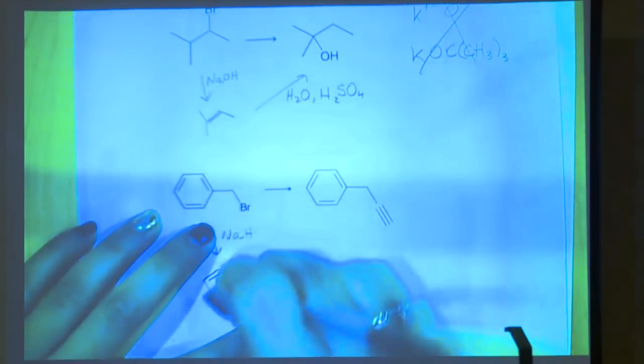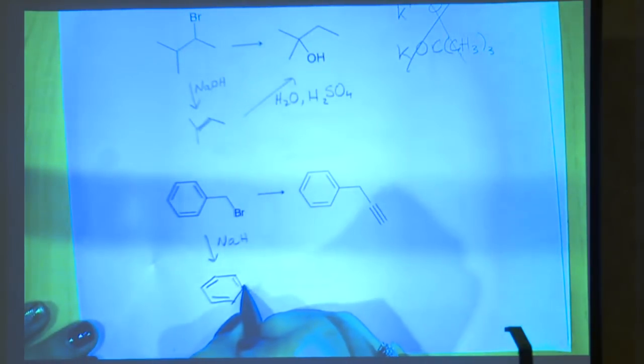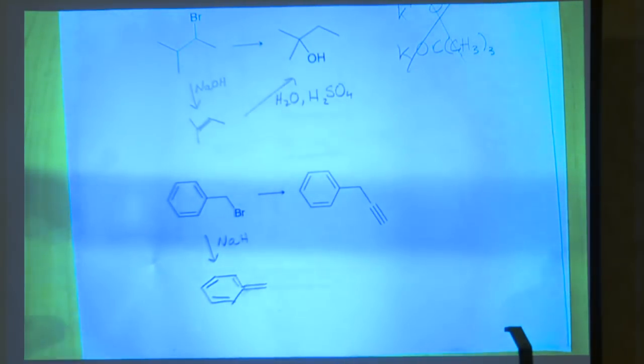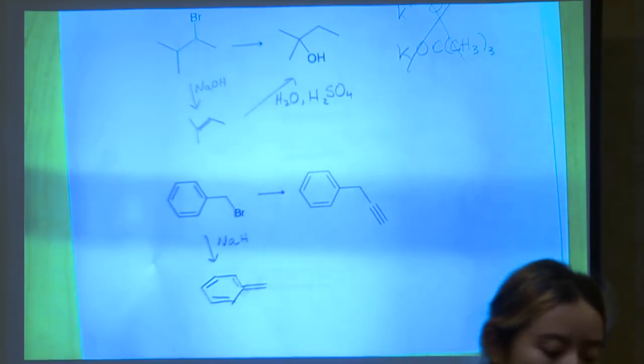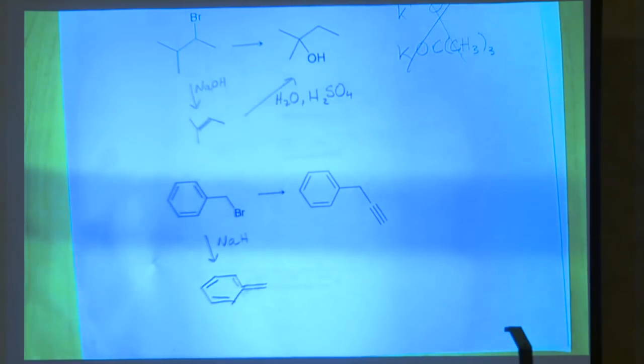Oh, sorry, hold on. Well, yeah, if we eliminate, that's what we're getting, right? Yeah, so then what do we need to do? Yeah, so we'll need to do the addition of carbons, right? Meaning we need to get what? A terminal alkyne. You said it earlier, yeah. So we need to get a terminal alkyne. How can we do that?